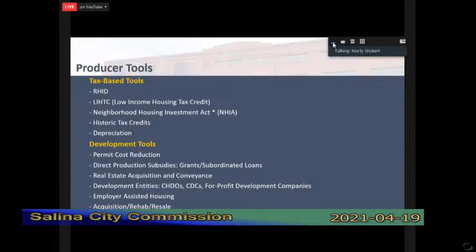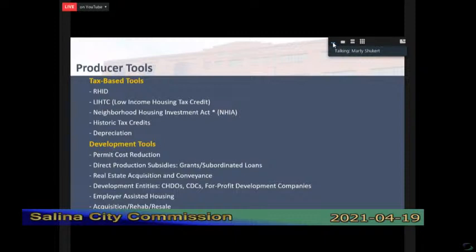There are development tools that involve direct payments or subsidies or incentives. So for example, you can and do, for certain kinds of projects, reduce or even forgive or eliminate permit costs, which may be a small item or they may not be, but they are a benefit, a goodie that can be given to developers of things you want to see happen.